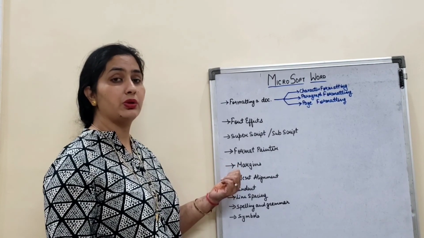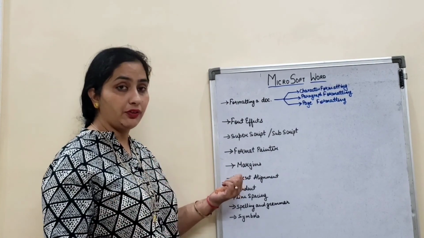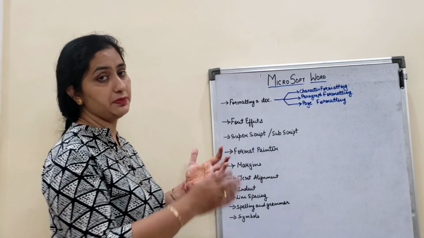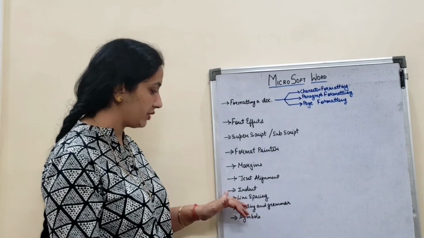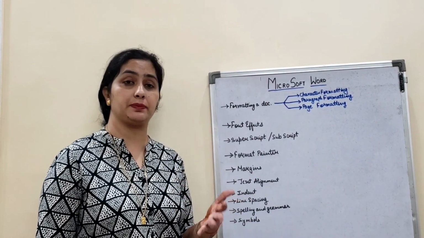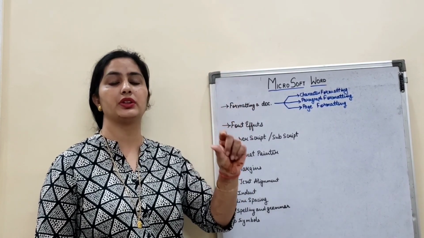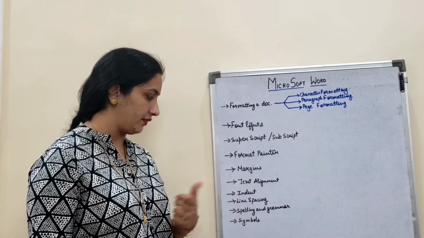Text alignment, horizontally, from the left-hand side or right-hand side. Indent means giving some space before the text is written. Line spacing means if after writing one line you want to leave some space between the lines, you can do that with line spacing.